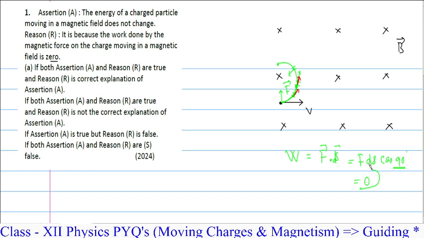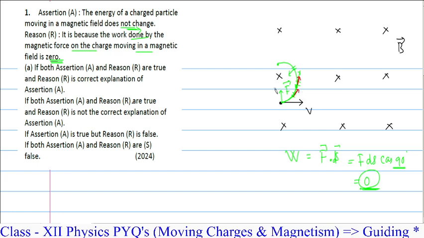So it will be 0, no work done. The reason is that the work done by the magnetic force on a charge moving in a magnetic field is 0.